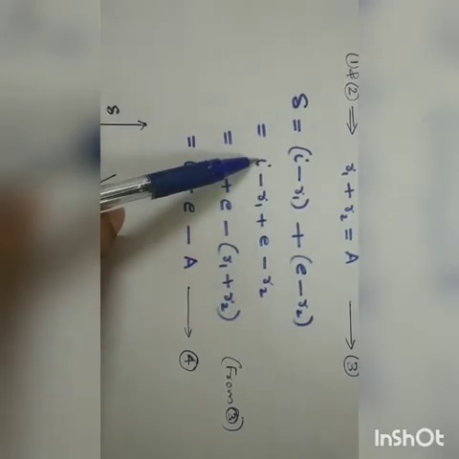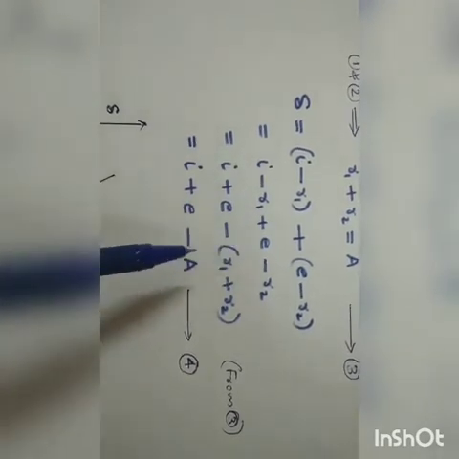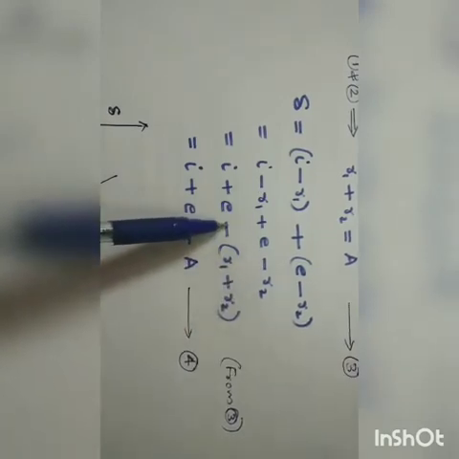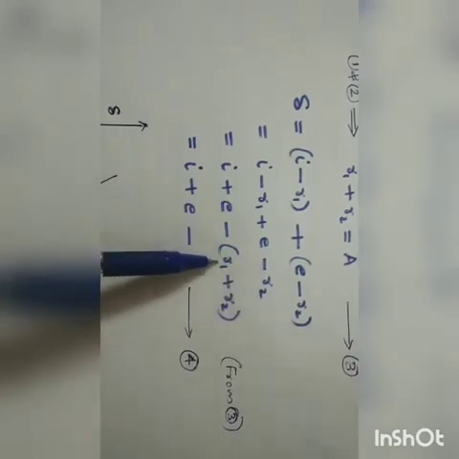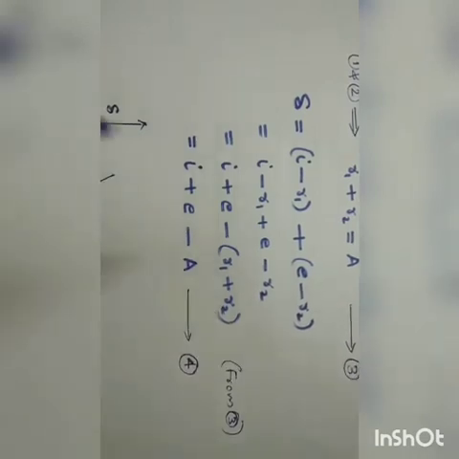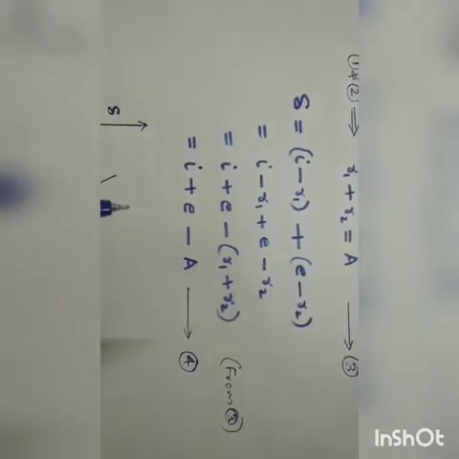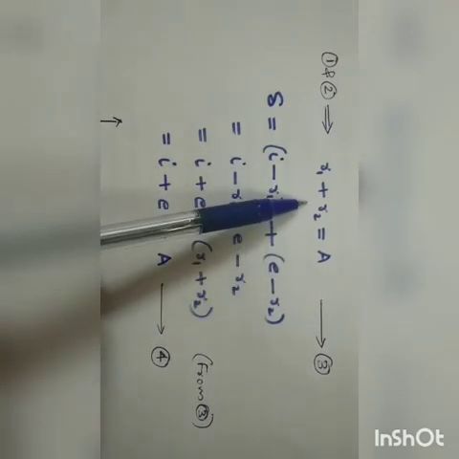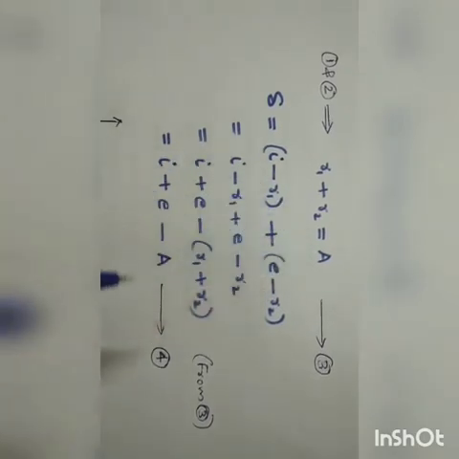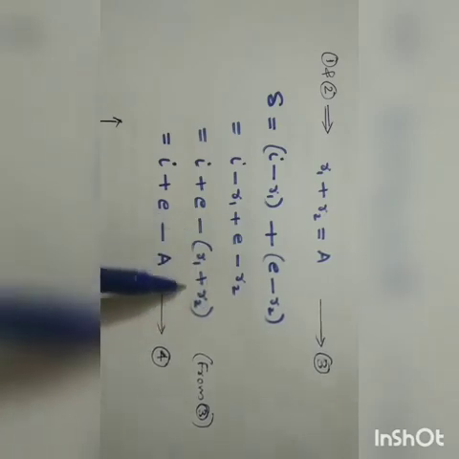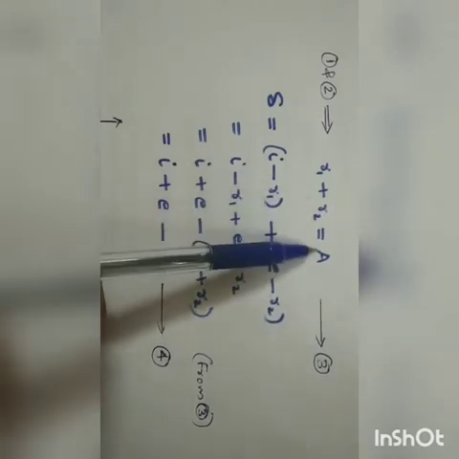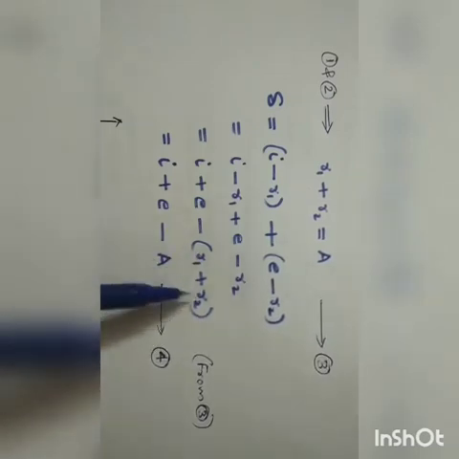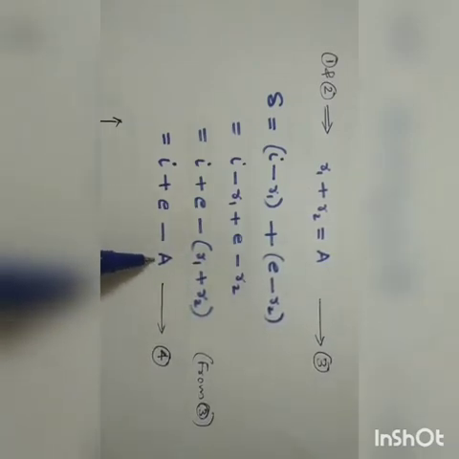So I plus E minus R1 minus R2. I am taking minus common, minus of R1 plus R2. But we have already studied in equation 3 that R1 plus R2 is equal to A. So instead of this R1 plus R2, I can write it as A. So I am replacing this R1 plus R2 by A. Where did we get this?